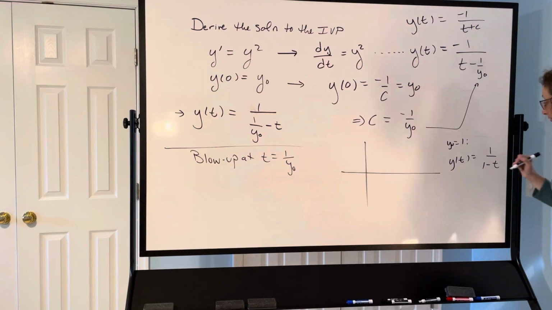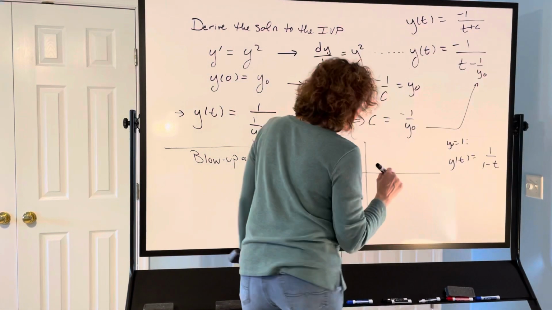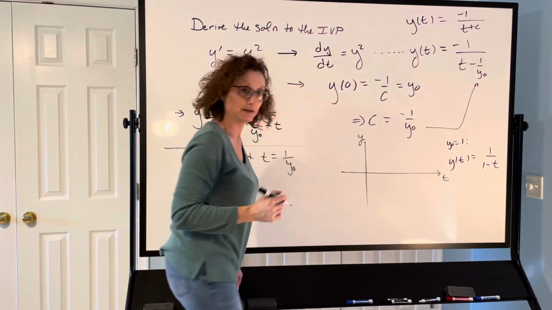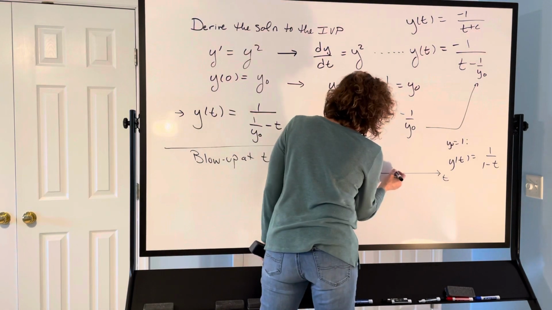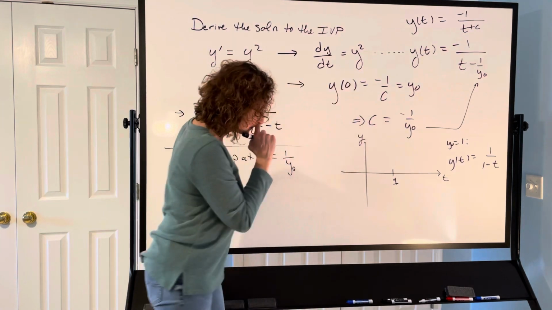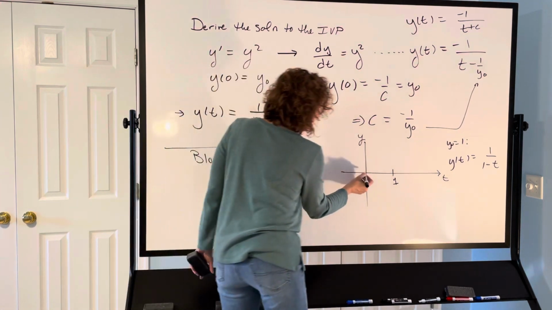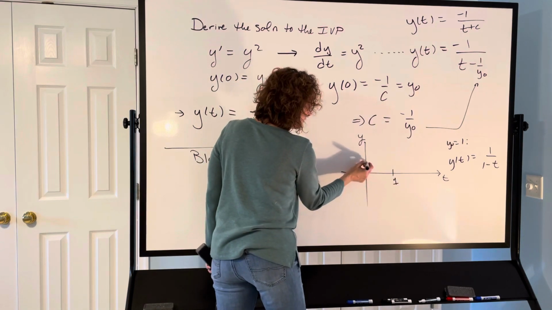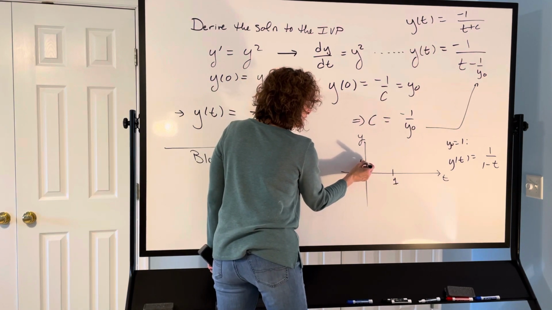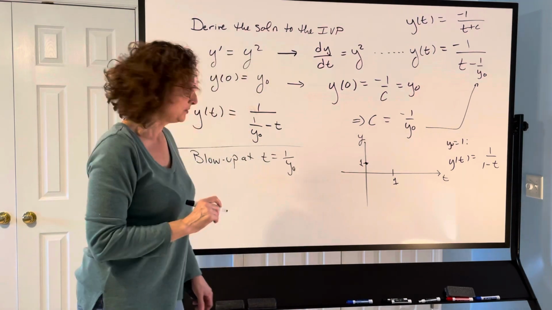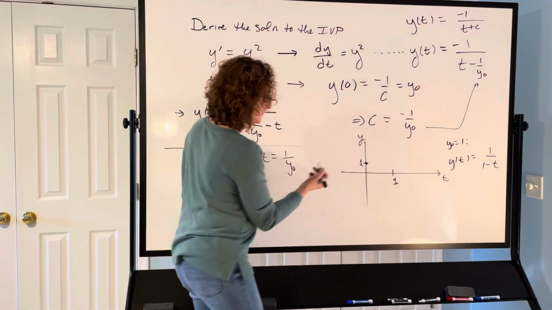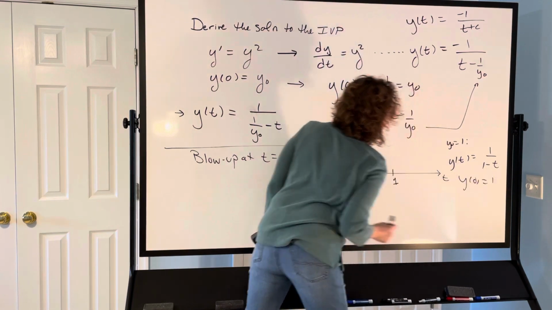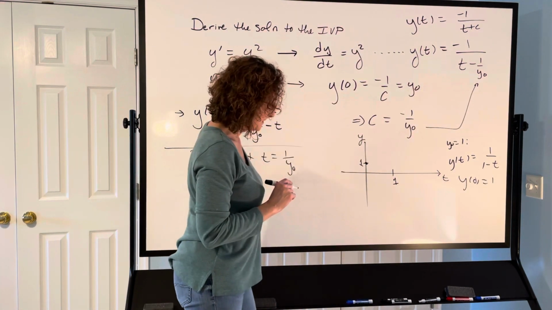Here's the t-axis, here's the y-axis. t starts at 0. What is y of 0? y of 0 is 1. That's our y naught.